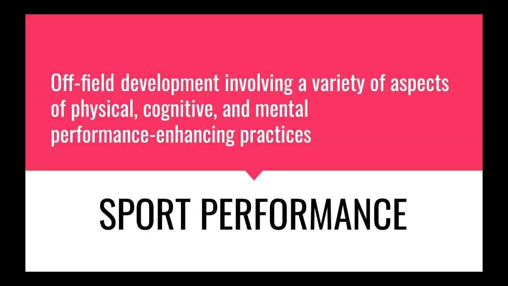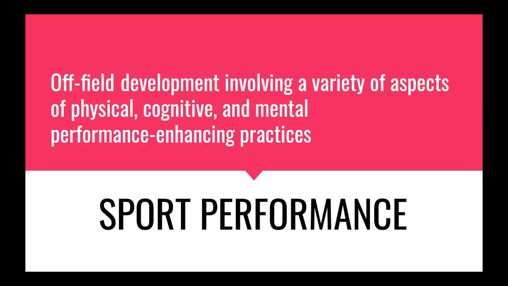Sports performance. This is a broad definition we're going to be taking right now, and a little bit of a holistic definition. So if we think of sport, let's say we'll use the sport of tennis, for example. Coaching the sport of tennis happens on the court.